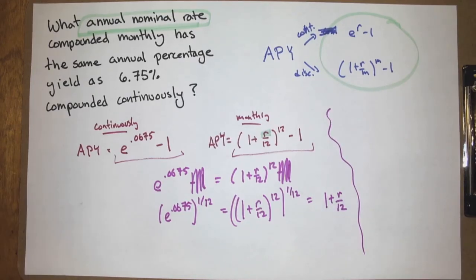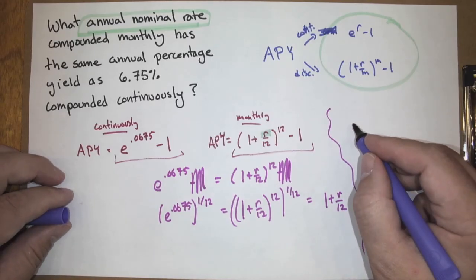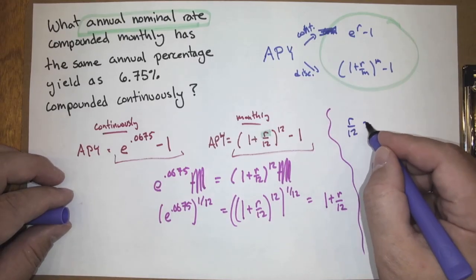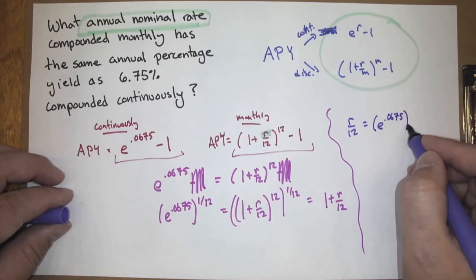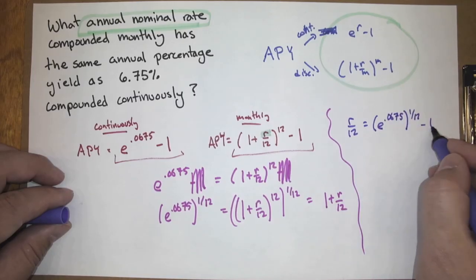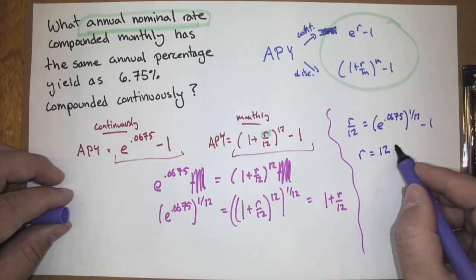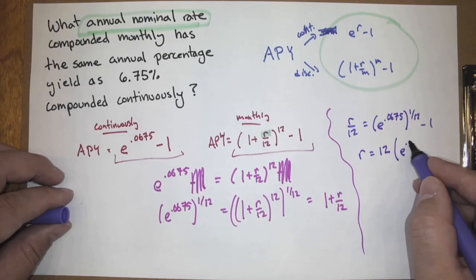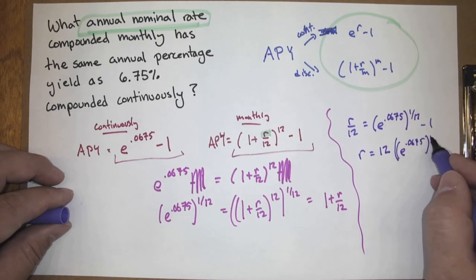All right, well, from here, we subtract 1. And oftentimes, people will see that you can put many of these pieces together, but we're going through it slowly just to emphasize. So r is 12 times e to the 0.0675, to the power of 1/12, minus 1.